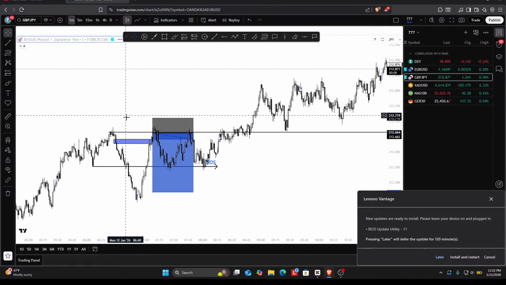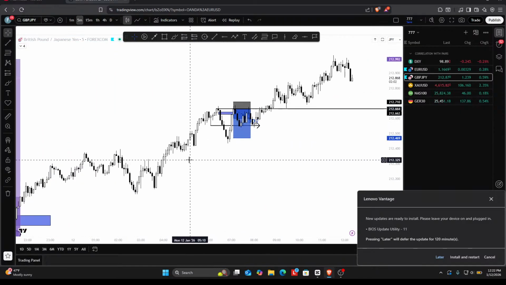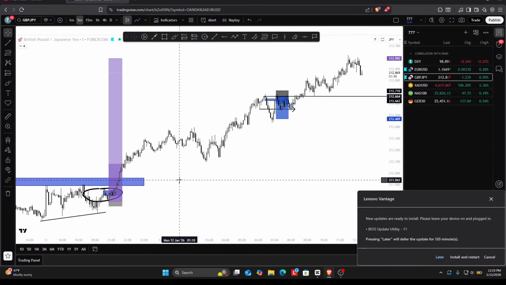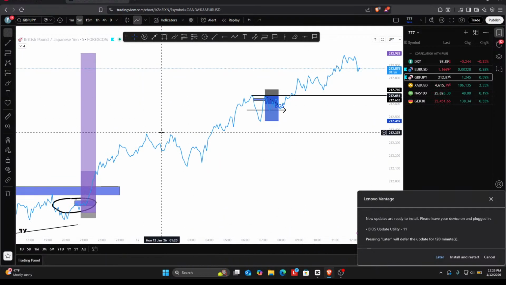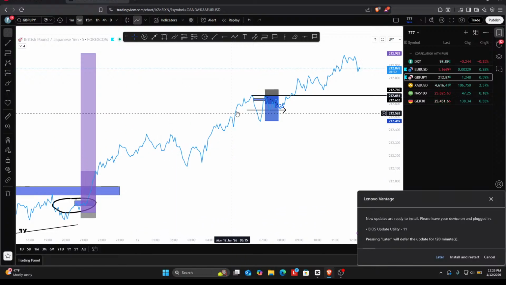And then we have a couple plays here about GJ, right? You can see the 5 minute, well, it was a 1 minute distribution, if you're looking at it. You have higher high, higher low, higher high, higher low. This is higher high.